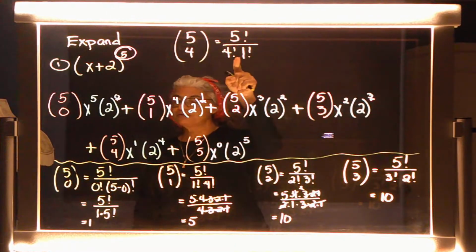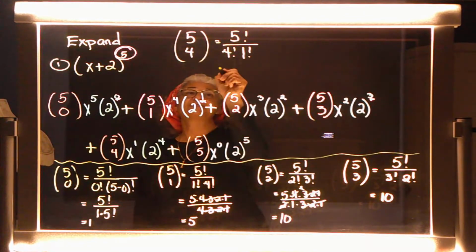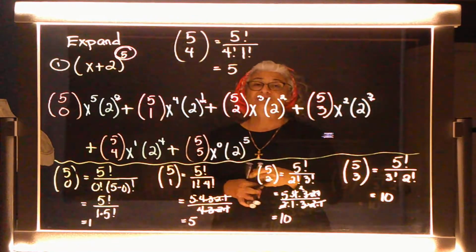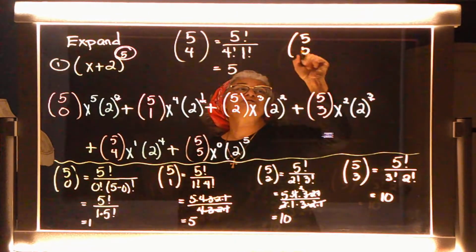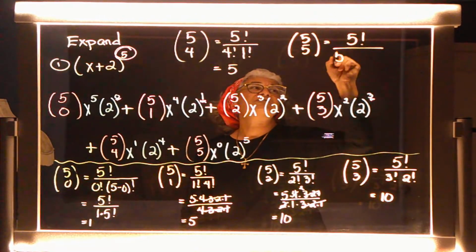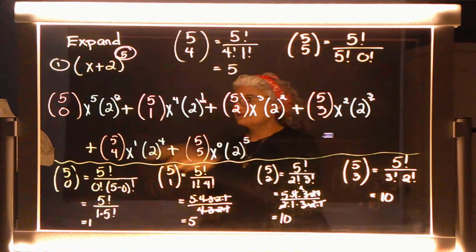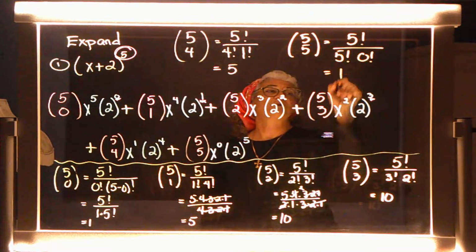Wait a minute. That one looks familiar too. Isn't it basically the same one as here, except again the denominators are in reverse order? So what did we get here? I got a 5, so what am I going to get here? 5. Well, that's rather nice. I don't have as much work to do as I thought I did. And we have one more. We have to do 5 choose 5, which is 5 factorial over 5 factorial times 0 factorial. Wait, that one looks like this one. Which, we're just going to get 1, aren't we?